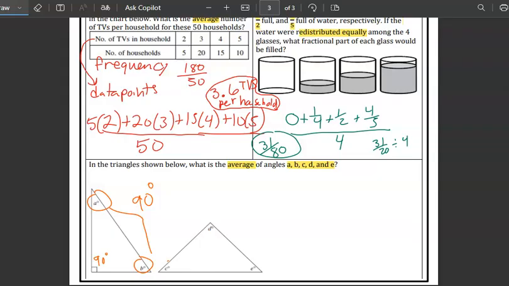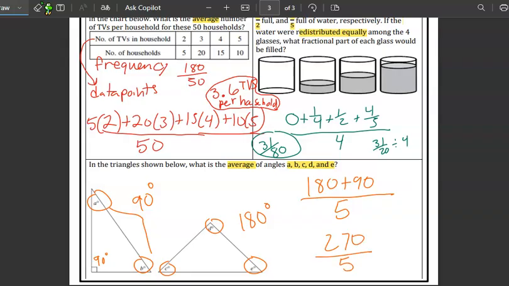And we know the sum of these three angles is going to be 180 degrees, since that is a full triangle. If we add 180 plus 90 together and divide by the number of angles, 1, 2, 3, 4, 5, we'll get our average here. 54 degrees is our average.